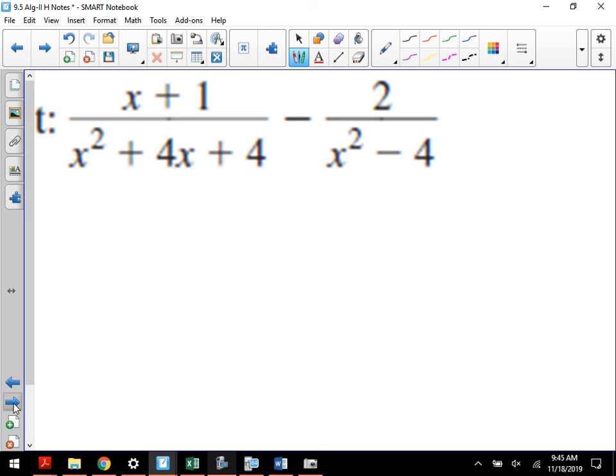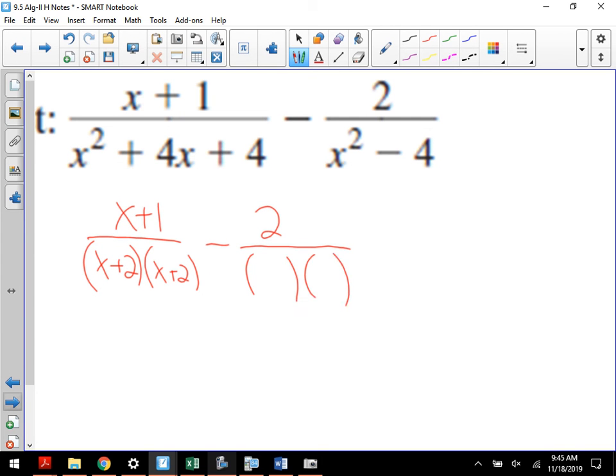So as you factor it through, you have x plus 1, x plus 2, x plus 2, minus 2 over x plus 2, x minus 2.